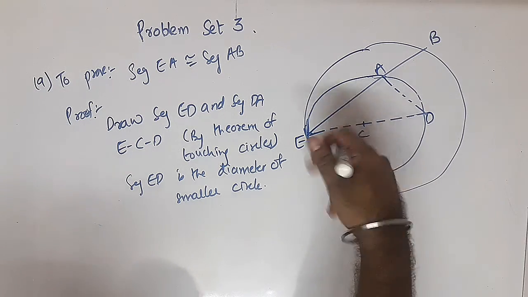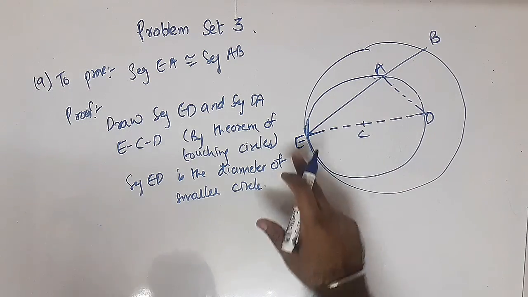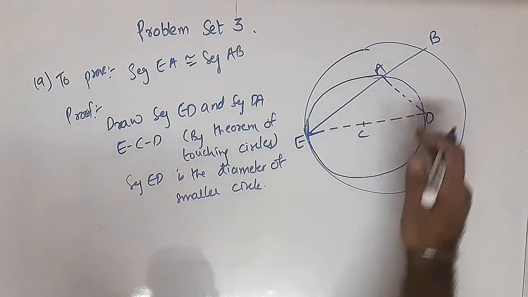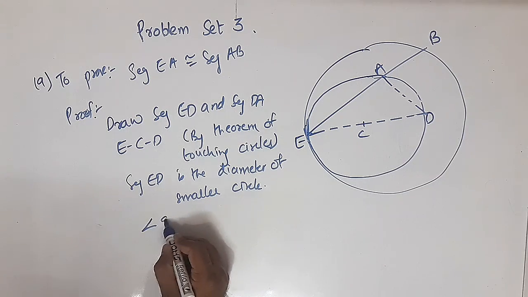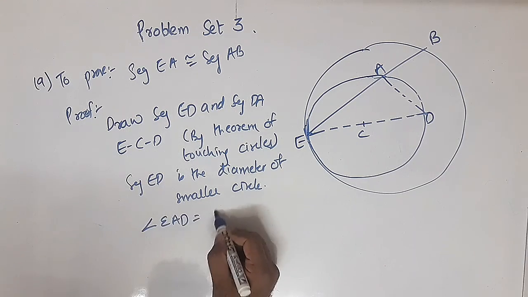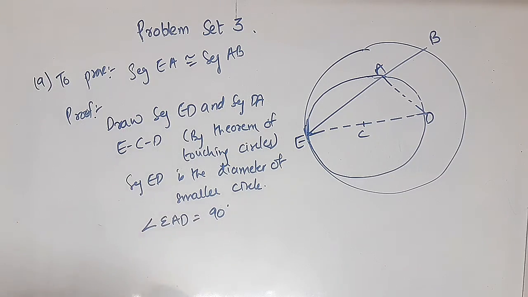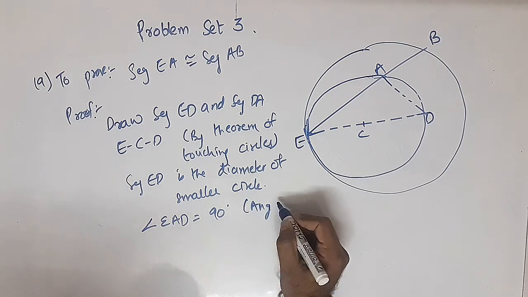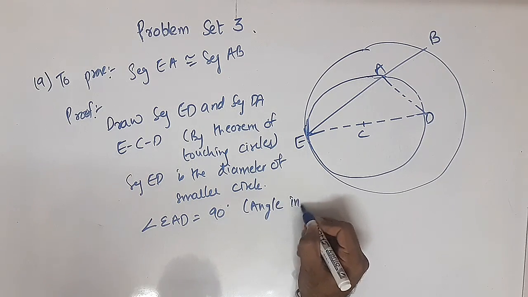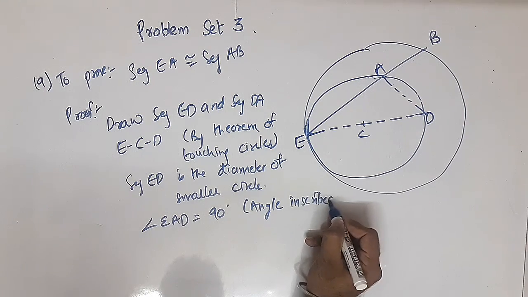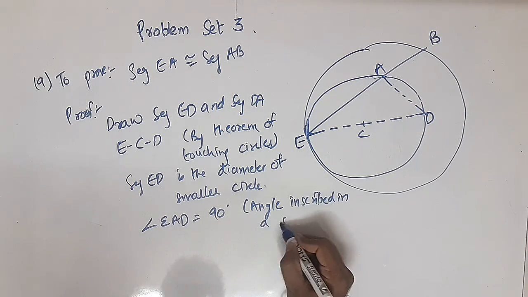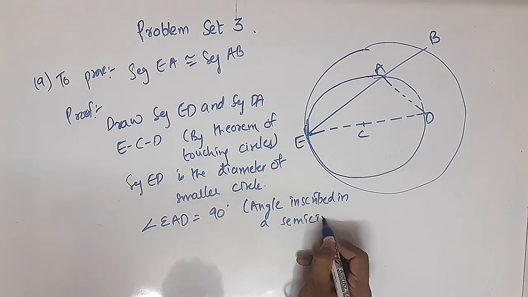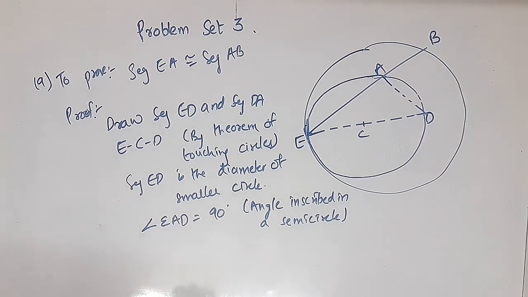Correct? ED is the diameter of the smaller circle. So any angle that is subtended by the diameter on the circle is a right angle. So can I write angle EAD is equal to 90 degrees? Yes, because it is an angle inscribed in a semicircle. So angle EAD equals 90 degrees.